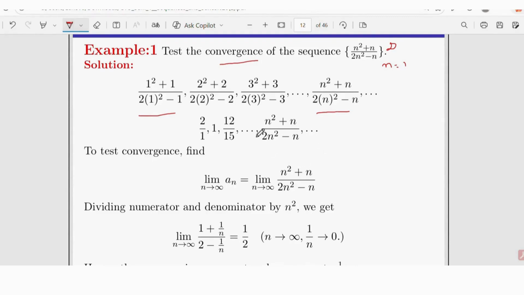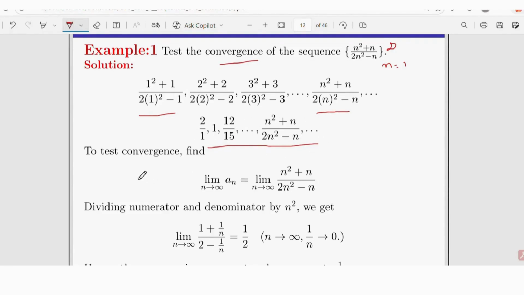This is the nth term of the sequence. So all these are the elements or numbers listed in a given sequence. Now the question is that we have to check whether this sequence is convergent or not.